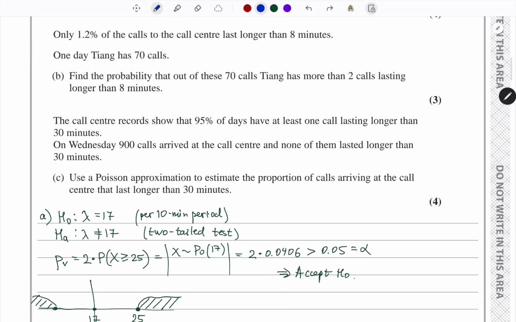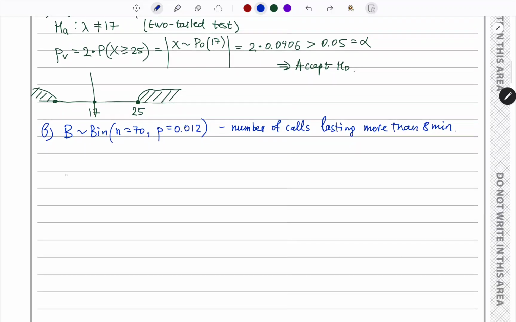Then we have to state the problem in mathematical language: find the probability that out of the 70 calls, more than 2 calls lasted longer than 8 minutes. So the probability that B is bigger than 2. In other words, it's 1 minus the probability that B is less than or equal to 2.